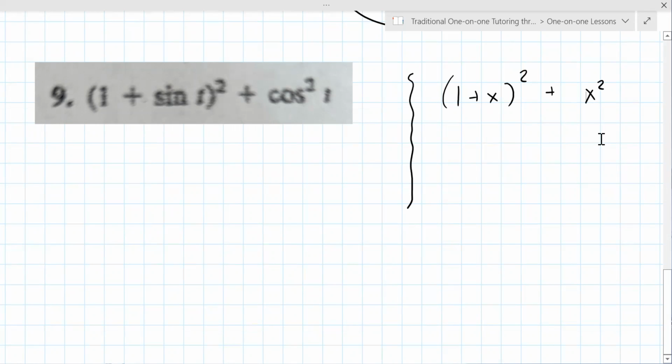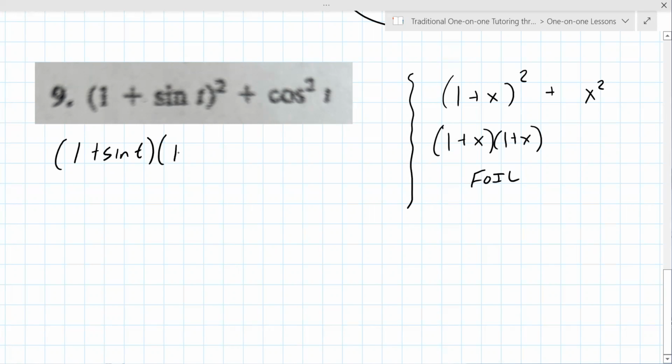Well, it'd become 1 squared plus x squared. And don't forget the middle term. You want to FOIL it. Oh yeah. So yes, you do the same here. You FOIL this. Okay, would you FOIL that on the left for me and let me know what you come up with?